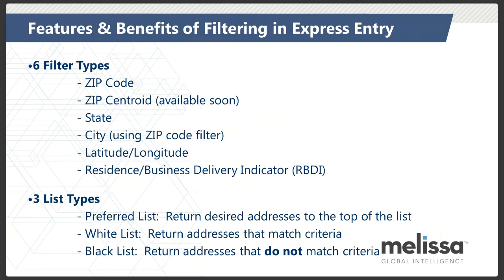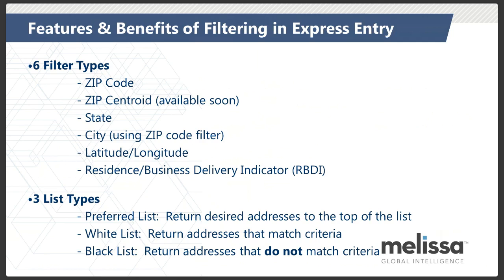So there are 6 filter types. Zip code filtering, as its name suggests, filters by multiple zip codes. Zip Centroid includes only addresses within a distance from the zip code Centroid and will be available soon. State restricts the output to a state or number of states.